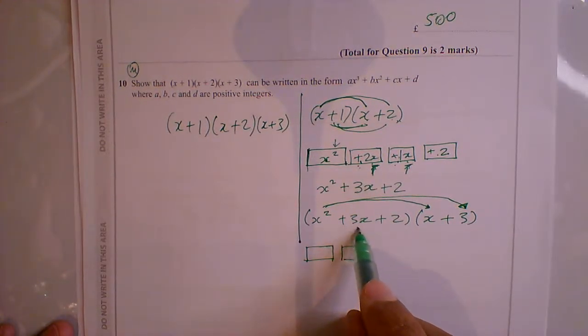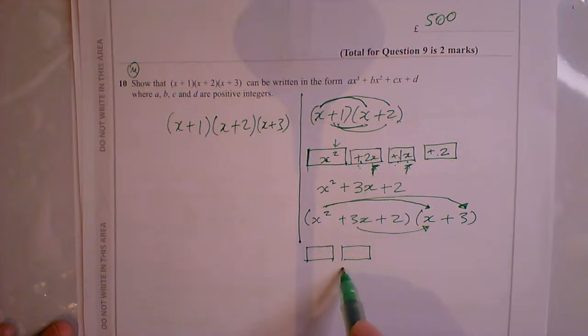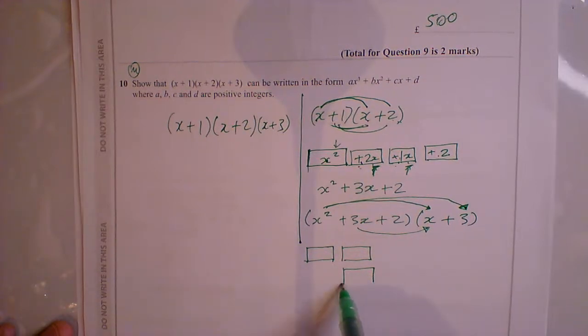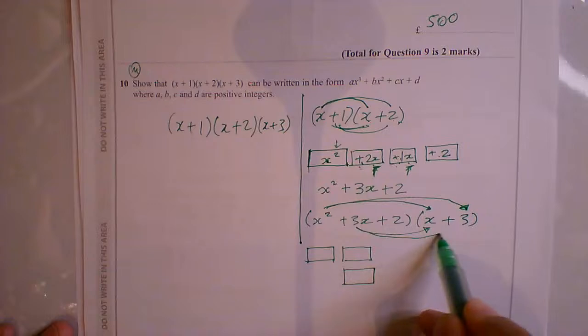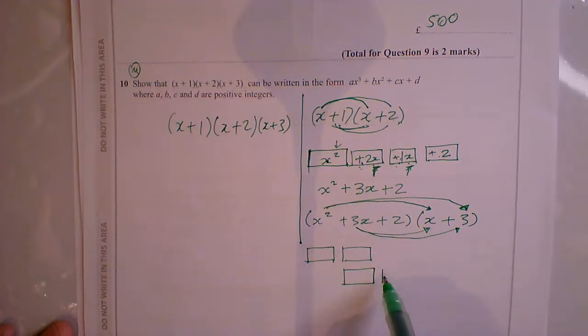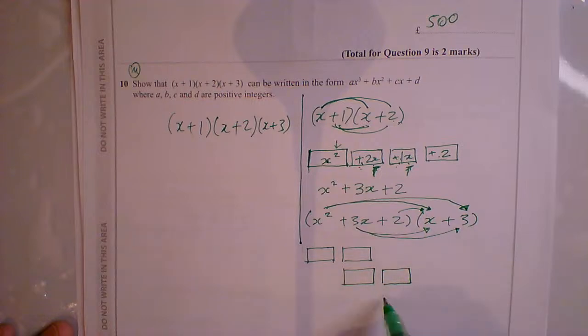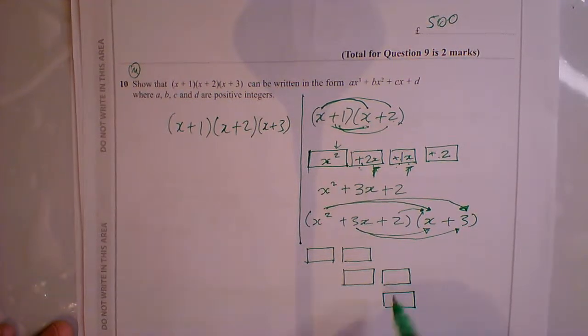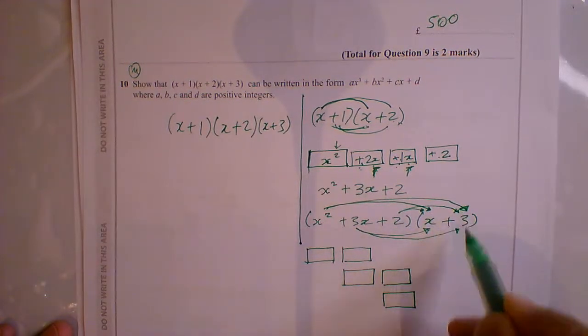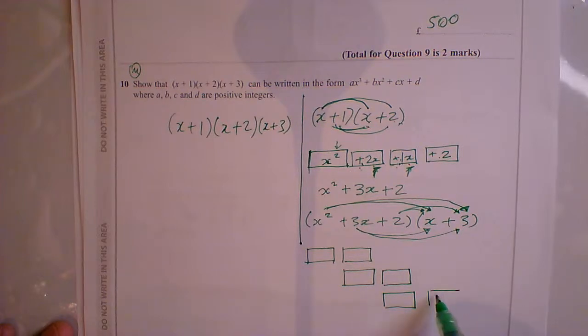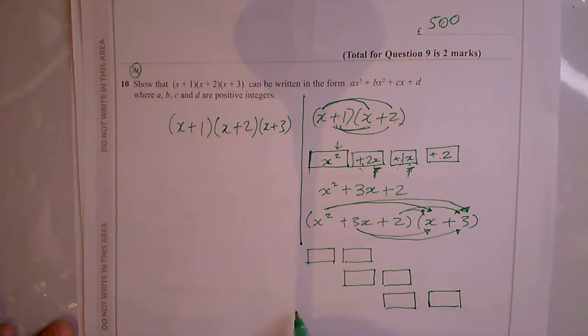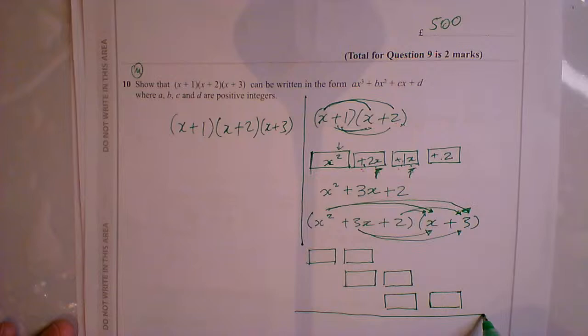Because it's the next term, I'm just going to put a box underneath it. Then this one here, and the last one is going to multiply that one. You don't have to remember the order of these boxes. If you do, that's great, but I've simplified things, and I'll explain why in a minute.